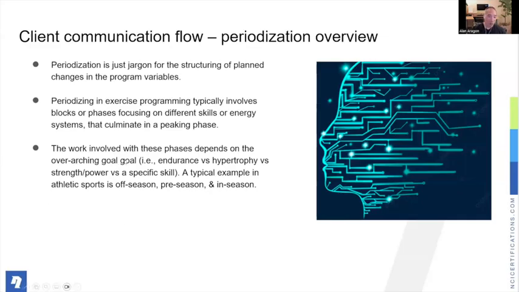As you can see, I wrote goal twice. I guess that may be Freudian. Maybe I'm very goal oriented. I.e., endurance versus hypertrophy versus strength power versus a specific skill. So the phase depends on the overarching goal. And a typical example in athletic sports is the off-season phase, preseason phase, and the in-season phase.